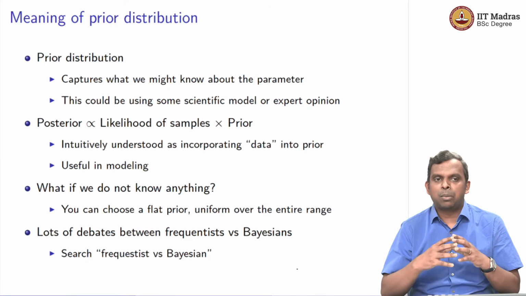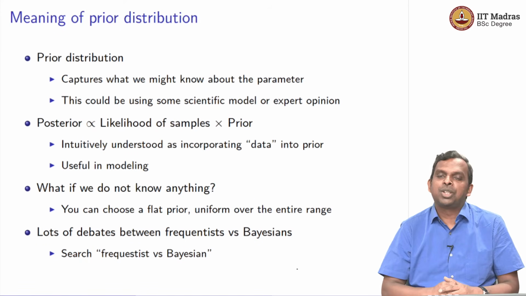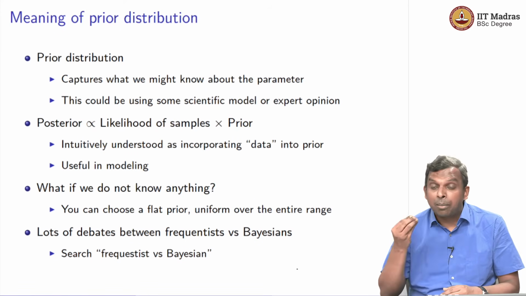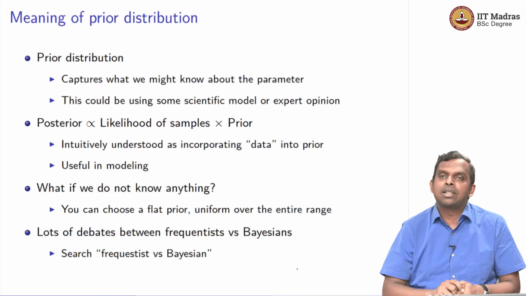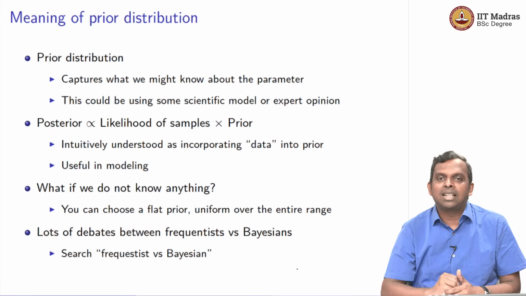Generally, from a philosophical point of view, the prior distribution could come from what we know about the unknown parameter. For instance, if the parameter is Bernoulli P, then you know P lies between 0 and 1, so you may want to use that in the prior distribution.